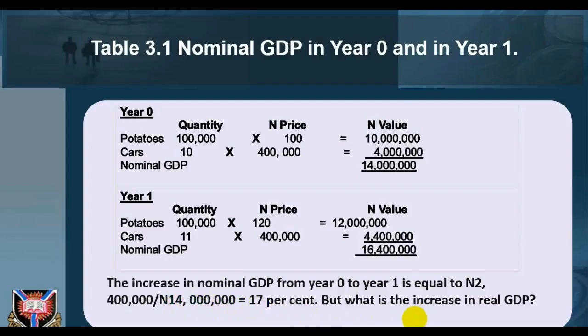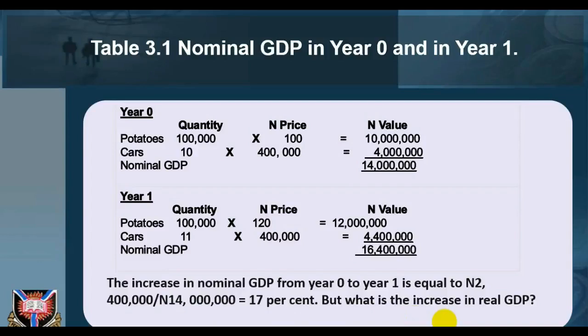The choice of the base year would typically affect the measure of real GDP growth. For example, if we had used year 1 as the base year, real GDP for year 0 would have been equal to 100,000 times 120 naira plus 10 times 400,000, which would have given us 16 million naira.